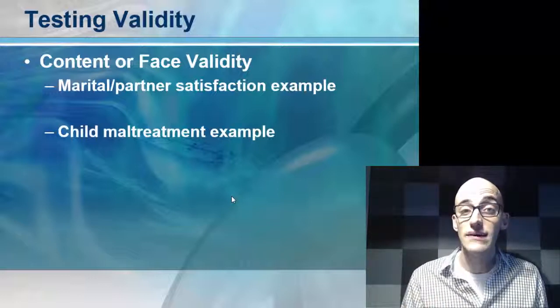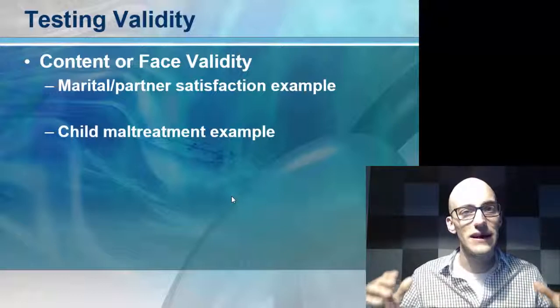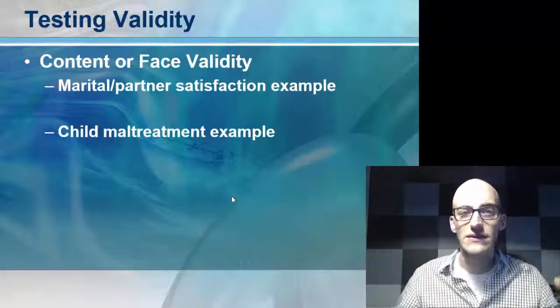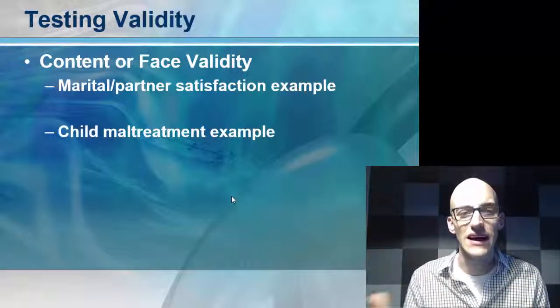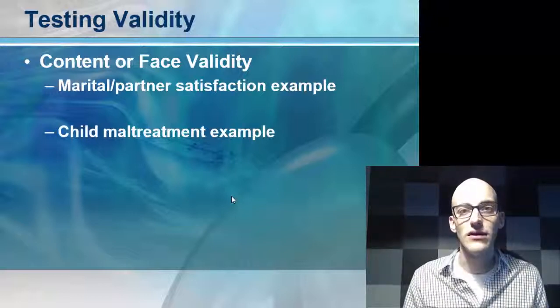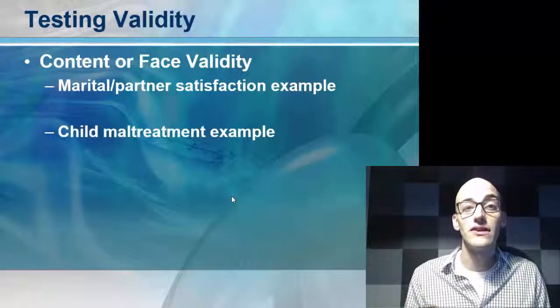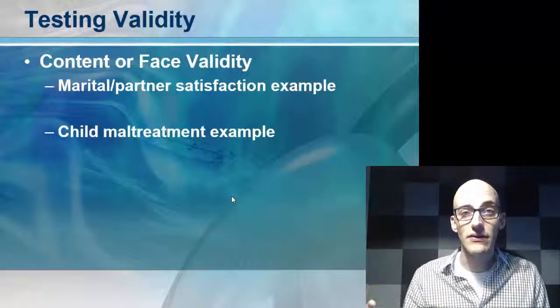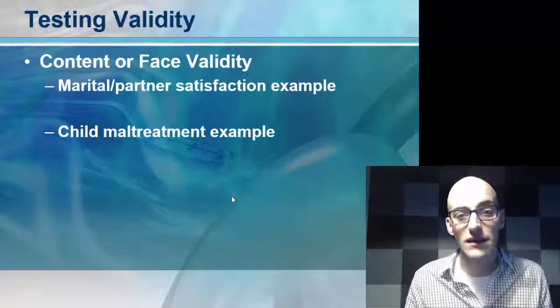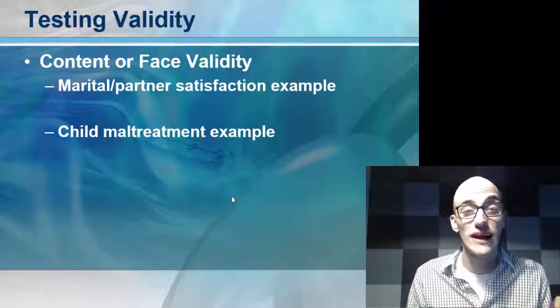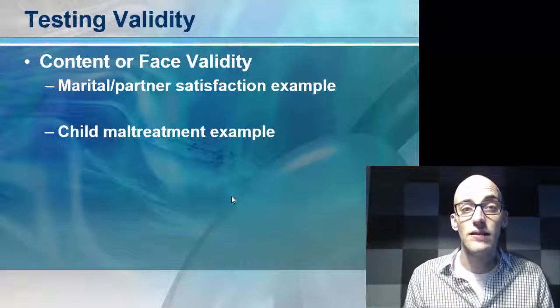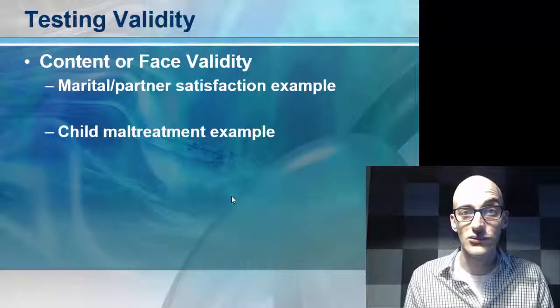If we're going to try to measure child maltreatment, we want to make sure that we cover that whole range of items that fall under child maltreatment, not just a few questions about physical abuse or sexual abuse, right? So in order to get the entire content that we would need to look at that measure of child maltreatment, we'd want to cover the whole range of possible items that it could be looking at, what child maltreatment is as we define it.